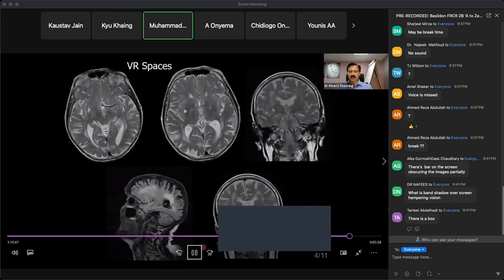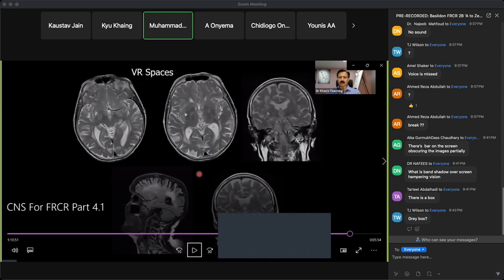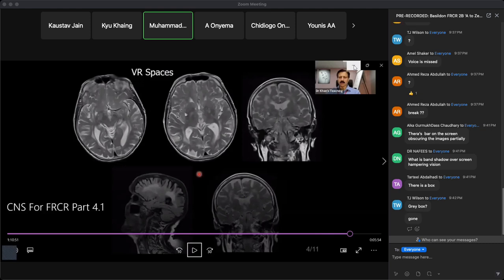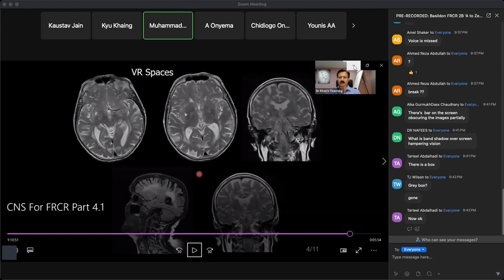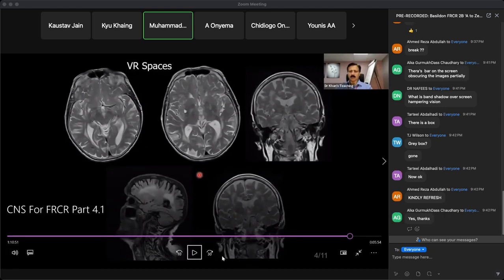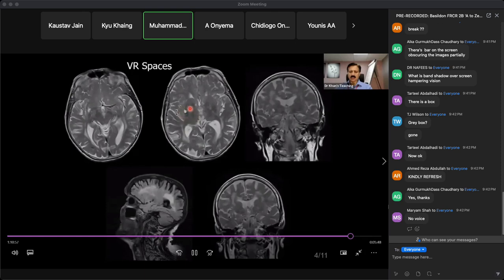So, Virchow-Robin spaces, or what we call perivascular spaces, are seen again in this case here.